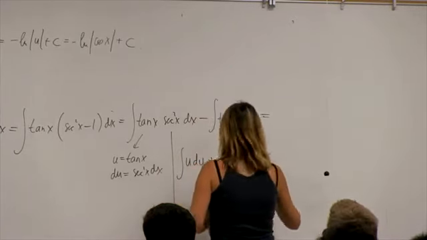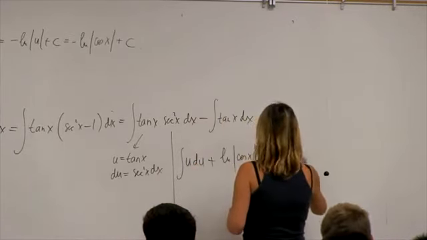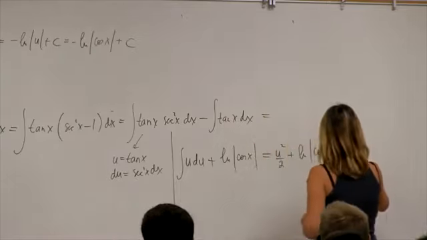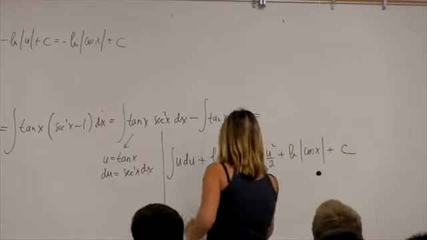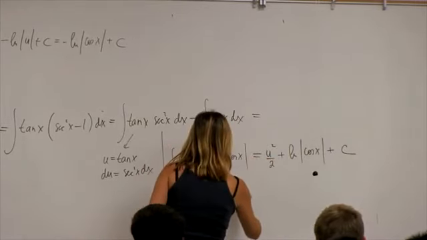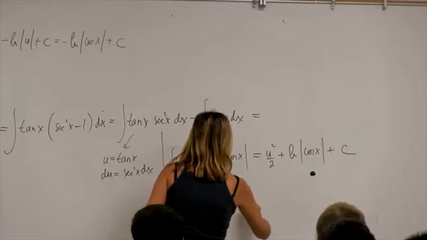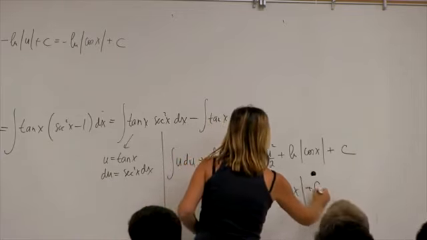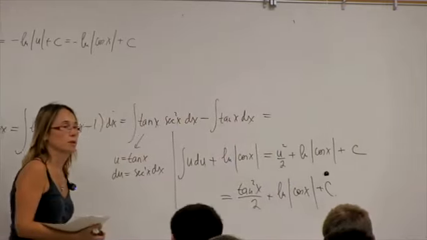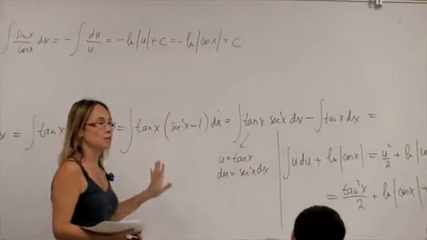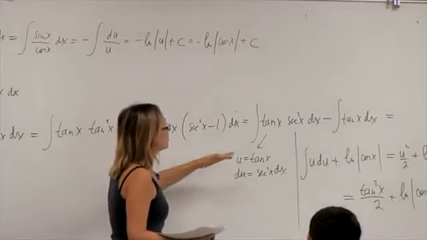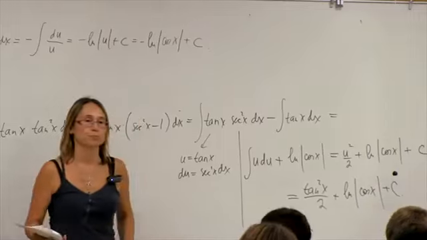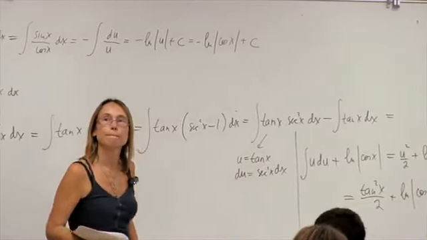So we have u squared over 2, and finally we rewrite it in terms of tangent. And that's the answer. So normally with these ones, you can reduce them to a previously solved one, just like this.